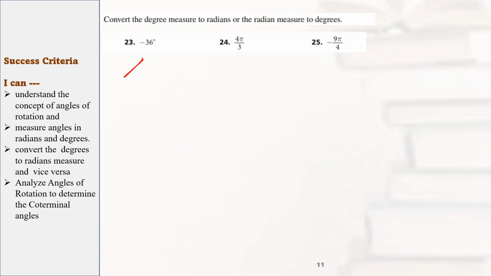Okay, now this is your homework. Do it and write your answer in the comment box. Now question number 24, the radians are given. To convert into degrees, we have to multiply by 180 over pi. So you will write in the calculator and you will get 240 degrees.